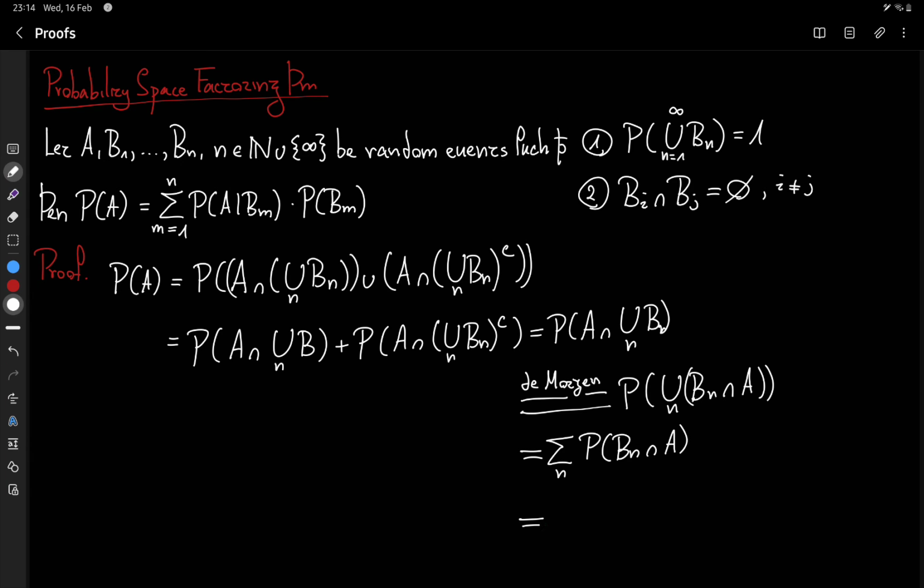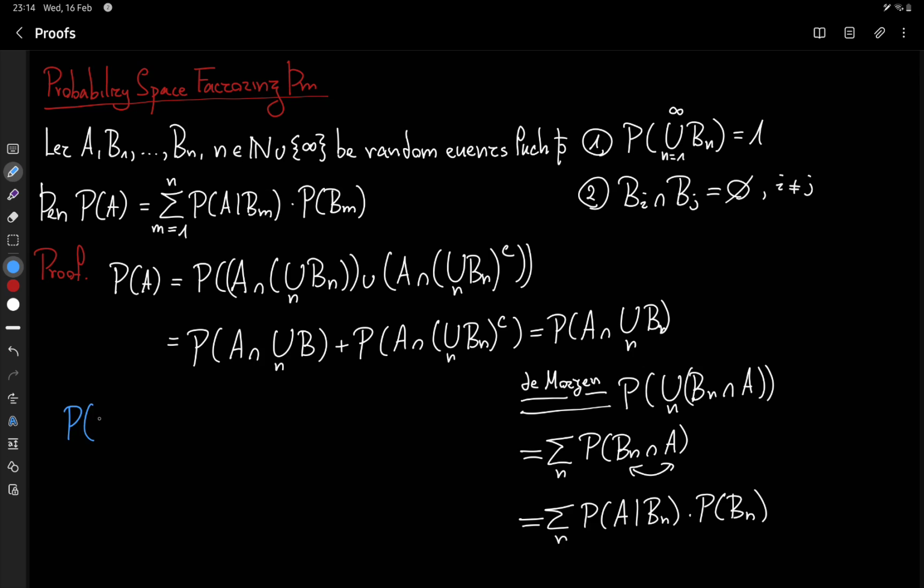But of course we can write this out simply as the probability of, imagine we swap them around, the probability of A under the condition of Bn times the probability of the condition. This follows from the definition of a conditioned probability, which we can write here in the corner.